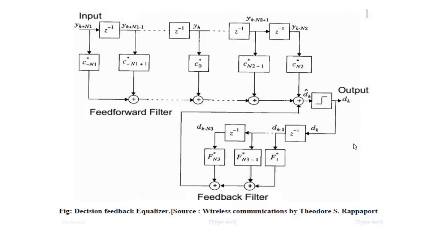The error gets cancelled, that is, the error causing symbols have been eradicated. So in the decision feedback equalizer, the intersymbol interference which may happen in the future symbols can be estimated, and we can detect the further data.